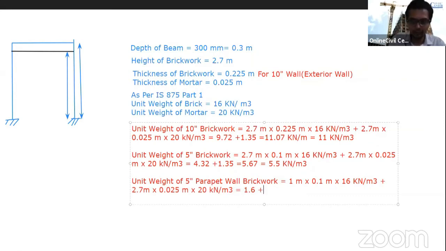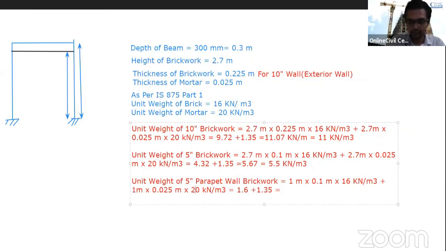which is the same, I think, 1.35. So the total will be 1.6 plus 1.35. Actually this value will be lesser, because the plaster will also be for 1 meter height.